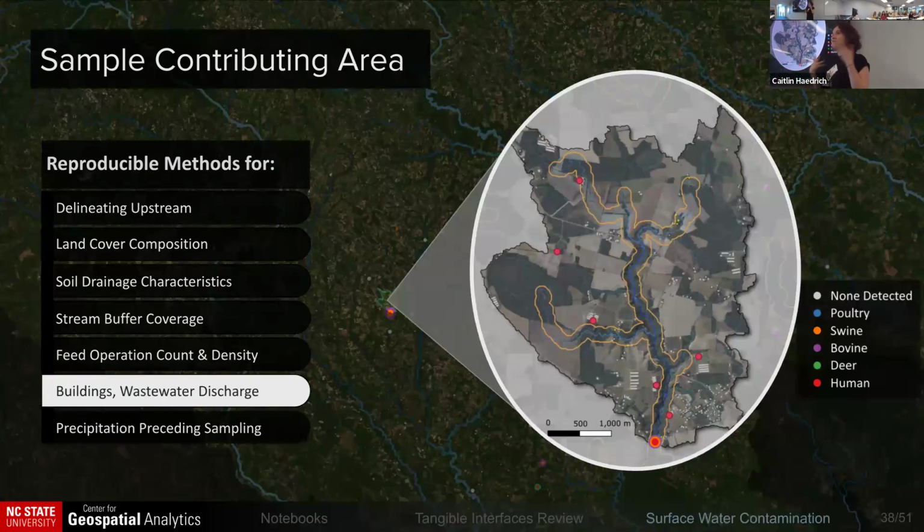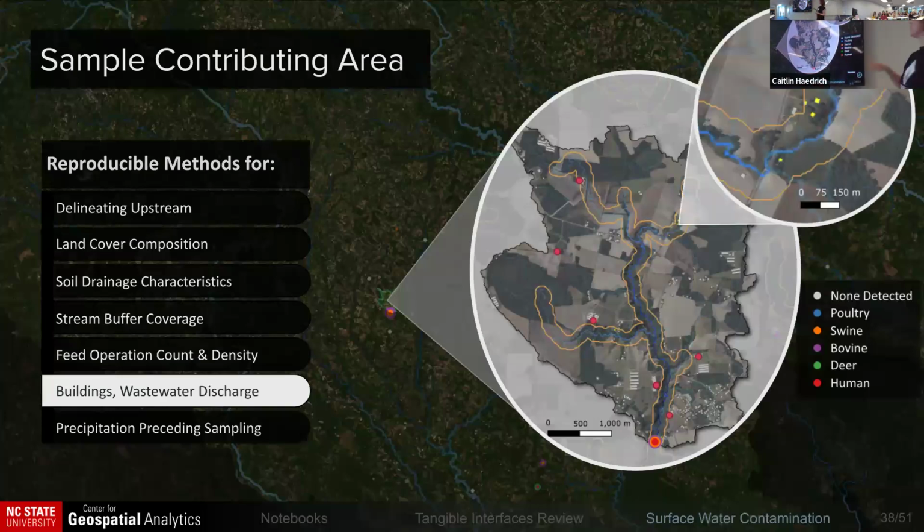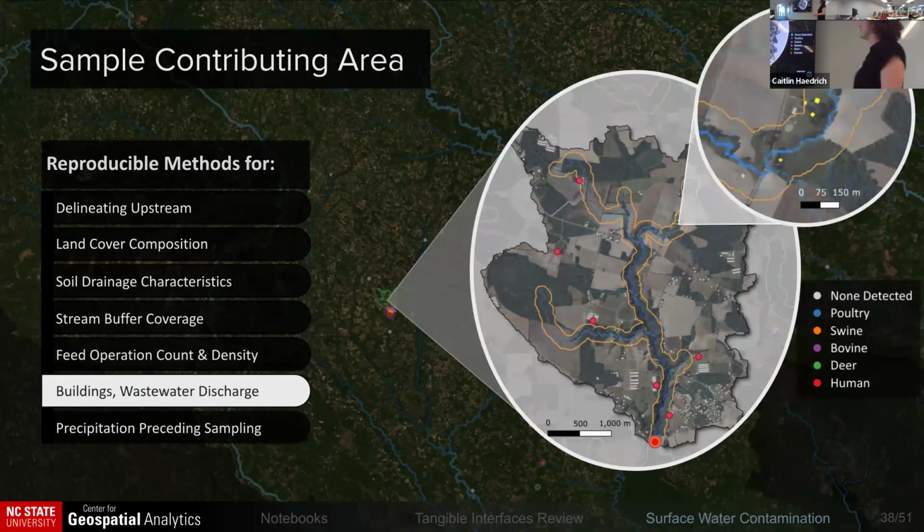We could also filter them by when they were built so that we can look for buildings that might be at risk for having failing septics. And we can find areas like this, where there's a cluster of buildings that might have septic systems near the waterway. Perhaps that could be an area for future research, or it could steer some of the stakeholder engagement in the future.